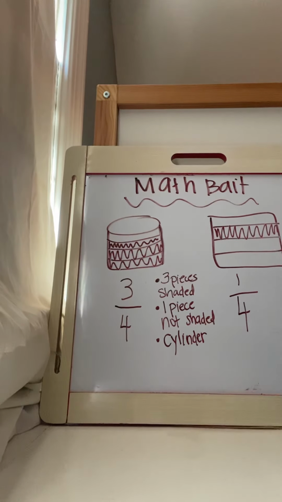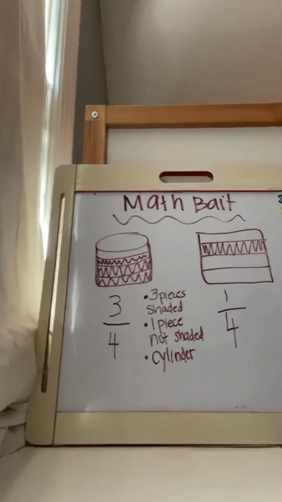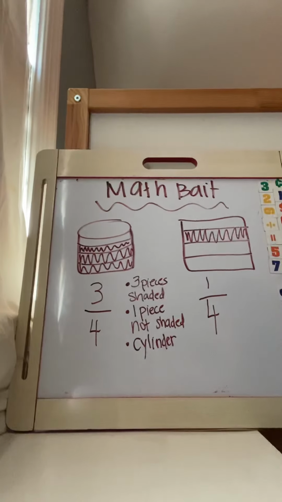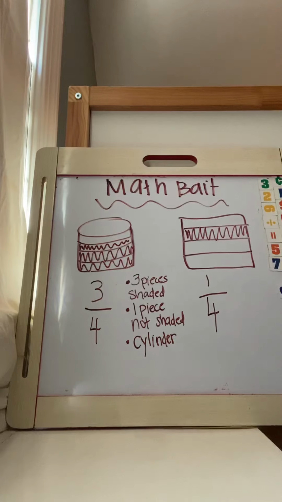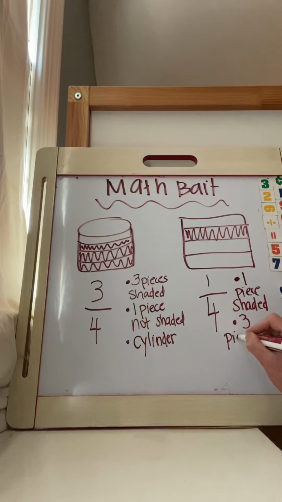Okay, so over here on this one, this was just our 2D shape. So in this one, we had 1 piece shaded, and then 3 pieces not shaded.